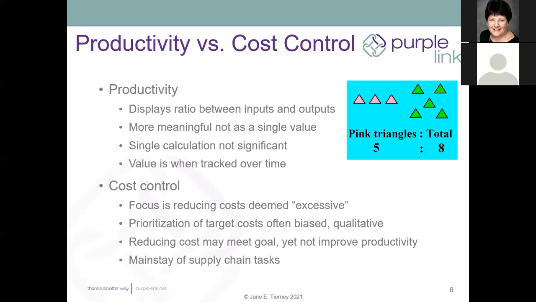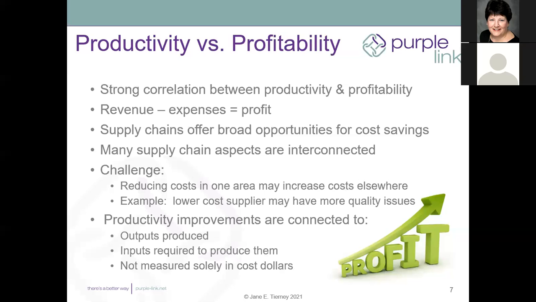Even though it's a mainstay of supply chain, cost control and productivity don't relate quite that closely. And at first glance, as I said, you think that reduced costs should lead not only to better productivity, but also higher profits. So we talked about cost reductions versus productivity, but now let's think about profitability.